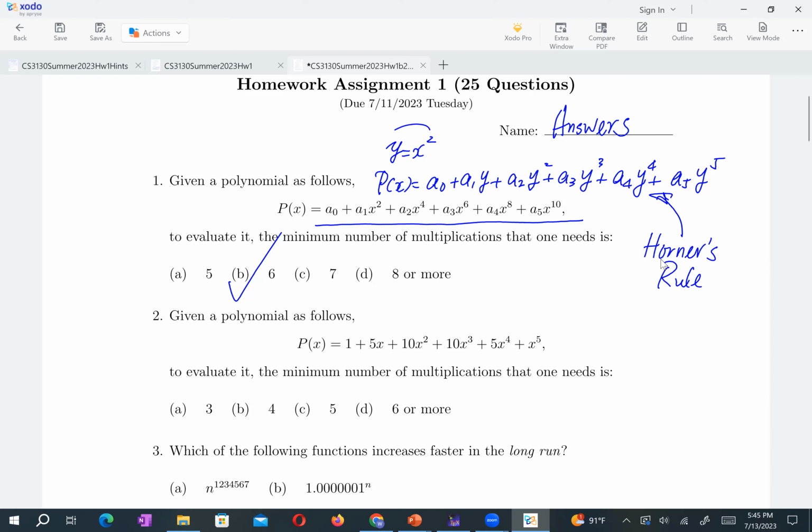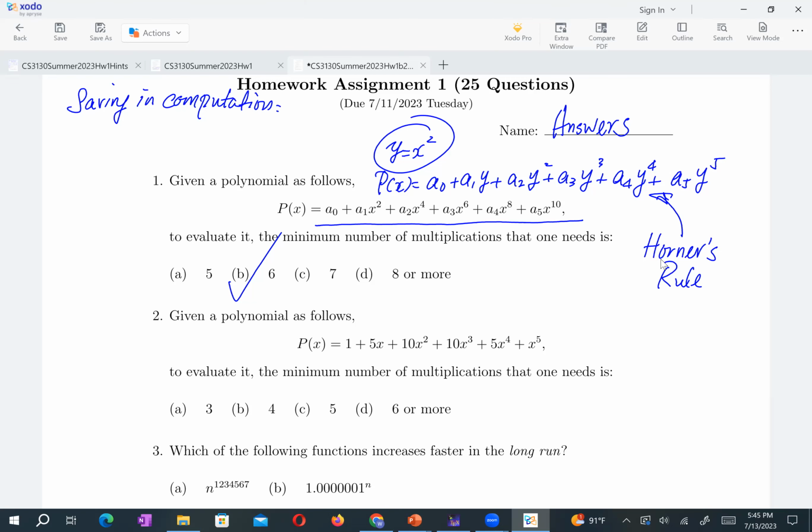Now I explain the importance of this variable substitution. Why can we save some multiplications? How to save? Here I'm talking about saving in computation.